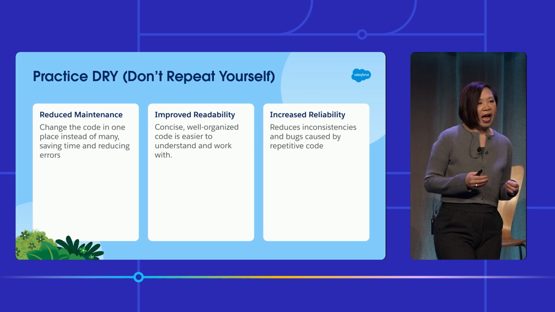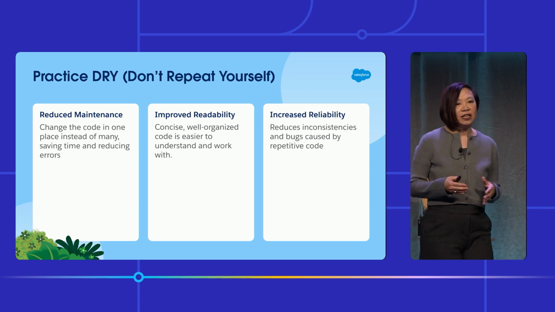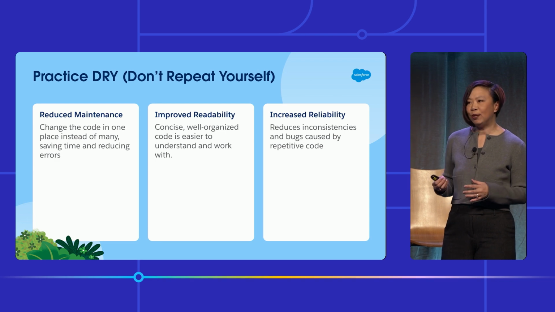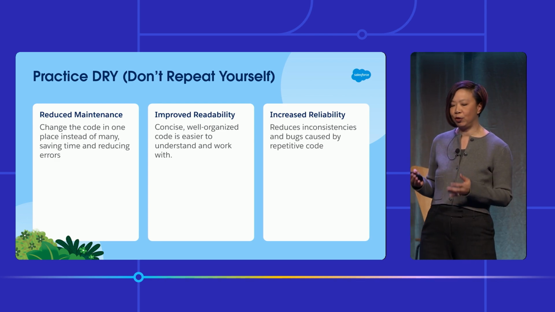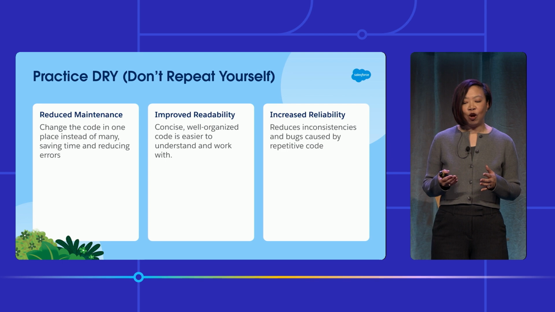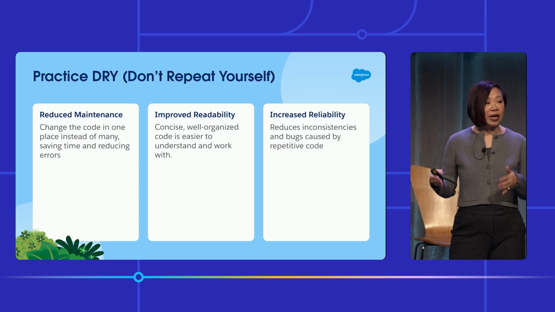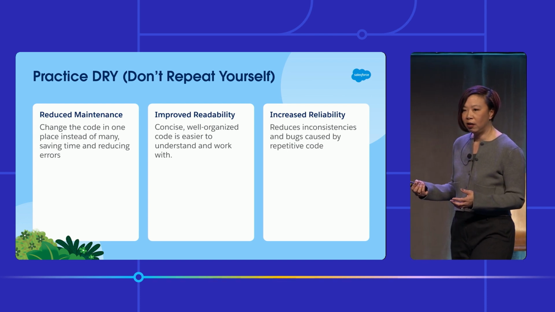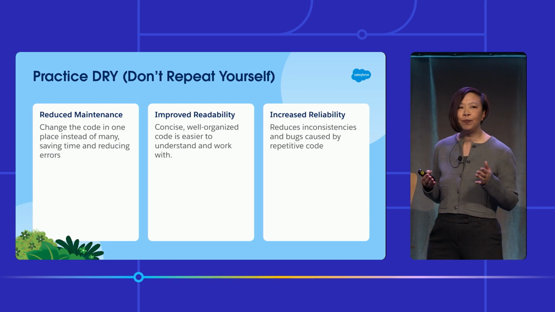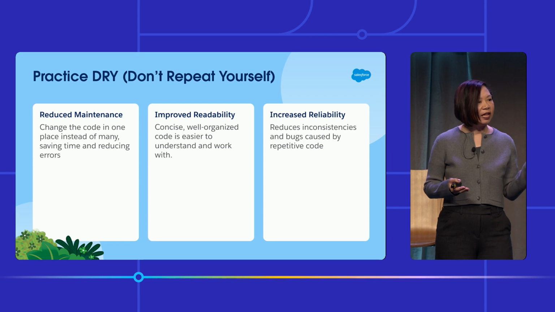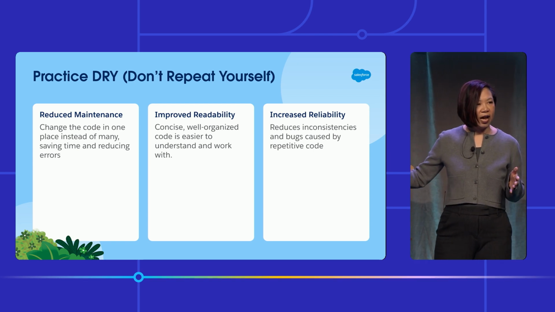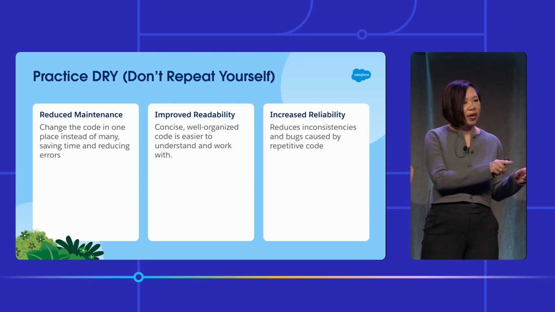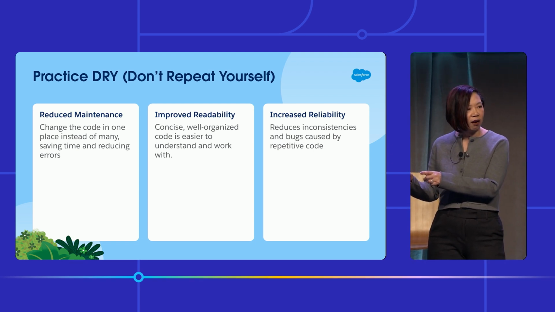So don't repeat yourself is a fundamental principle in software design, and it aims to reduce code duplication. Now, this is a fundamental principle that applies to us flow builders as well, right? How many times have you built a flow and then later on down the line, you have that similar logic, and then you went and copy and pasted it over here, right?